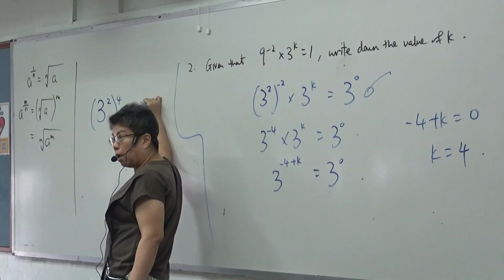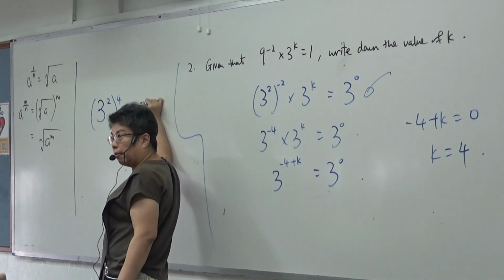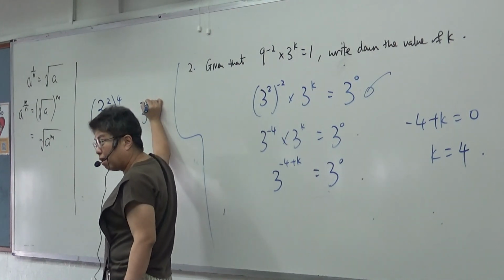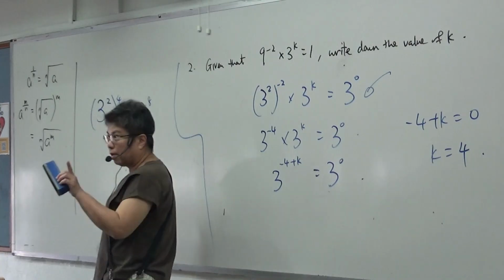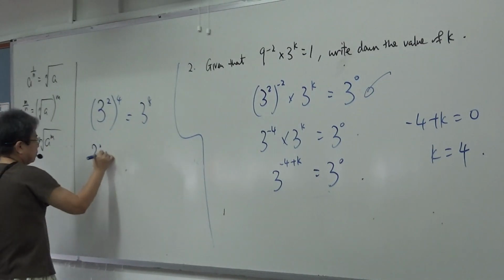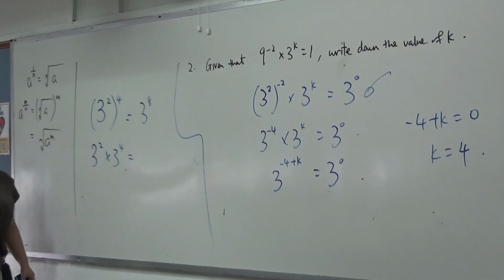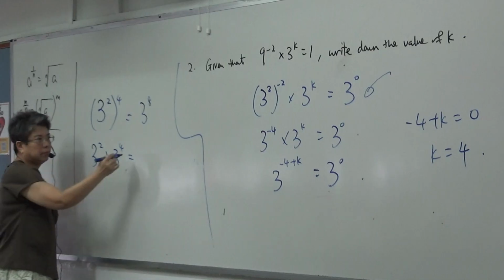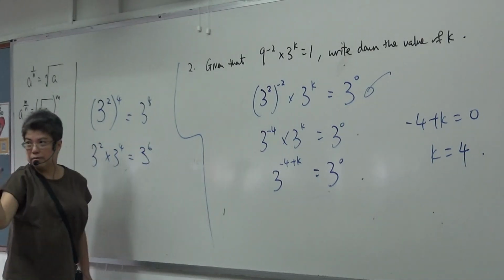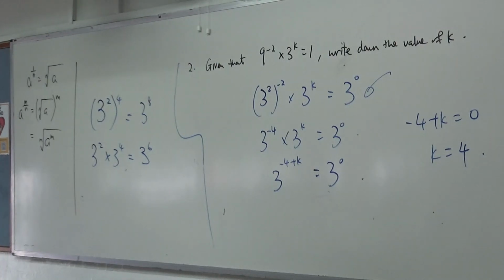I want index form, 3 to the power of what? 8. Correct now? 8. 3 to the power of what? 6. There's a difference. Don't anyhow do. Do you understand? Can or cannot?